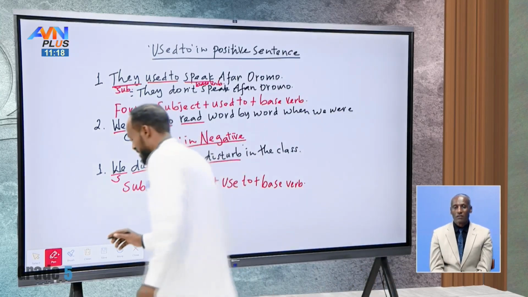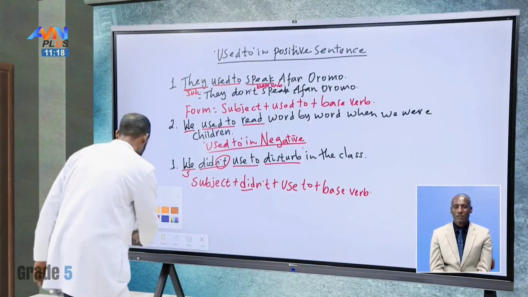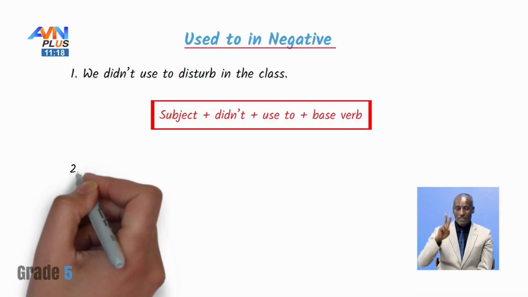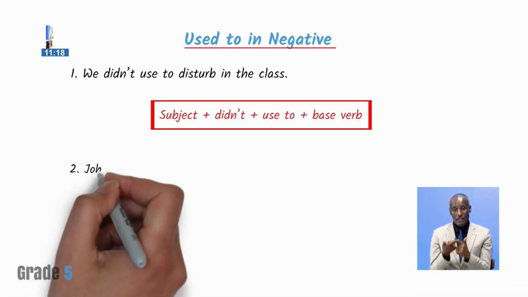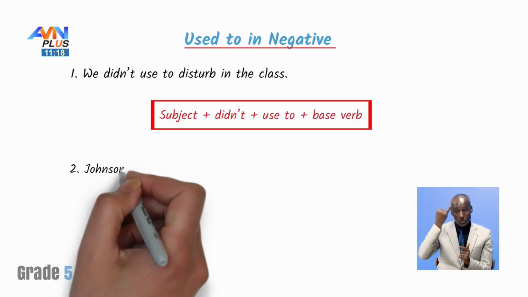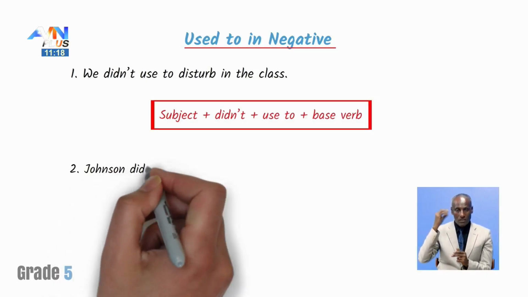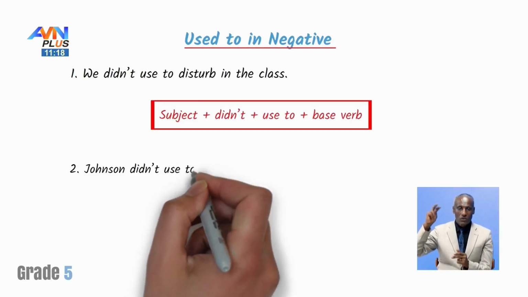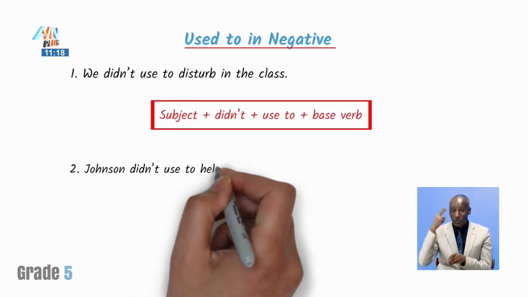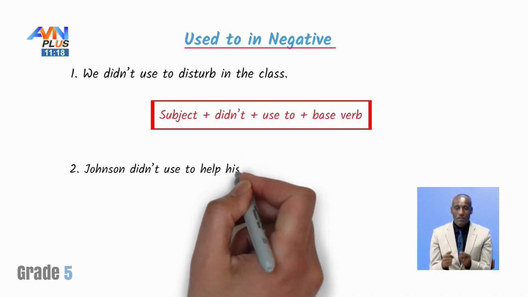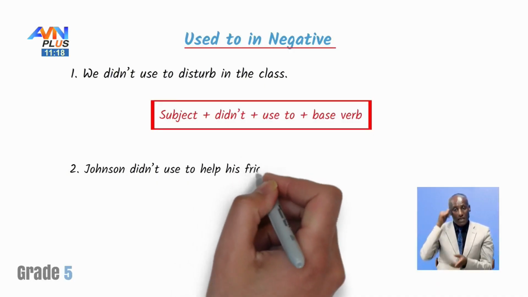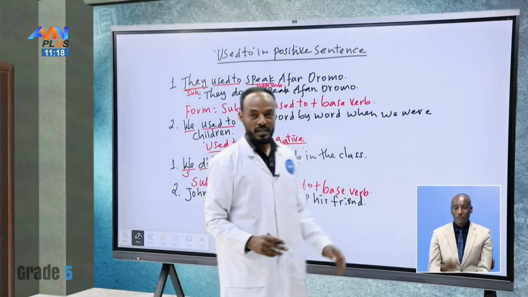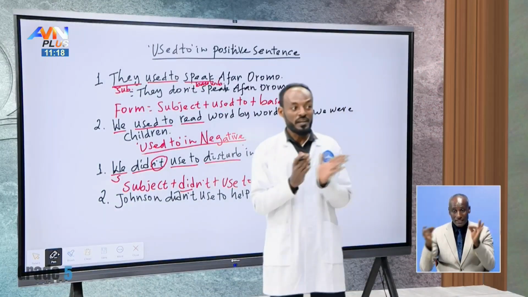Let's do another example. The second: Johnson didn't use to help his friend. Look, in this sentence we are talking about negative, yeah?